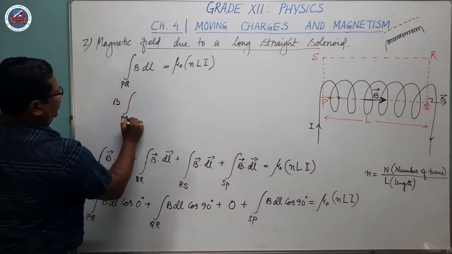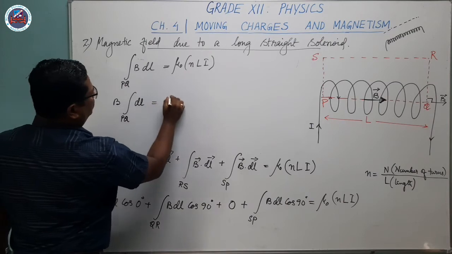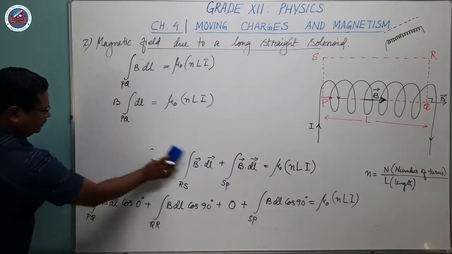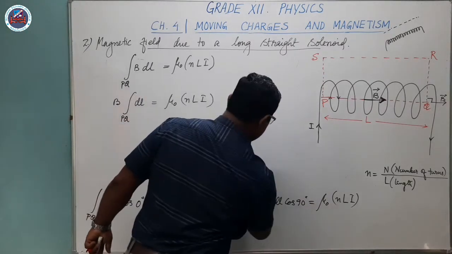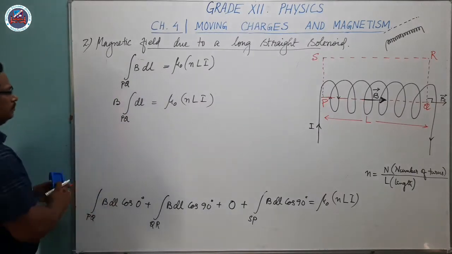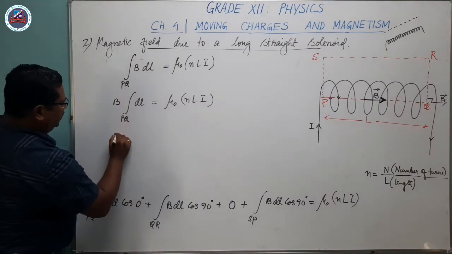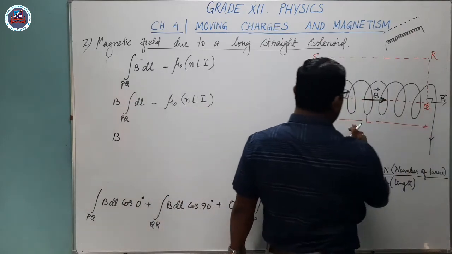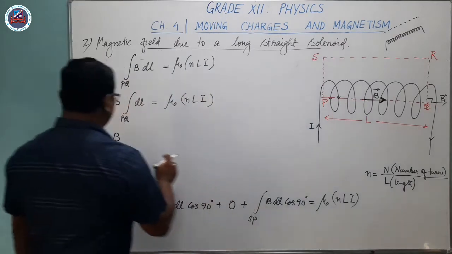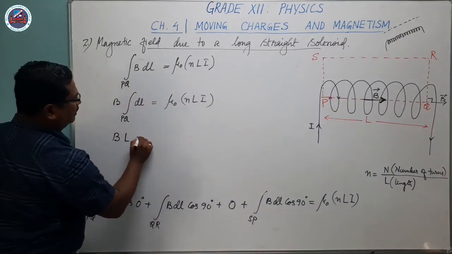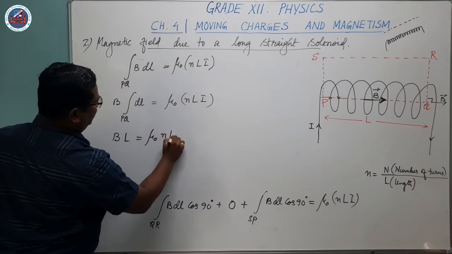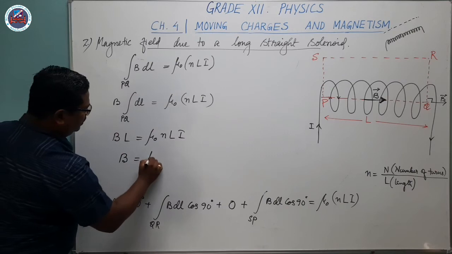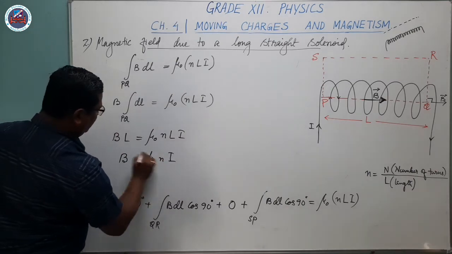B times integration of dl is equal to mu naught n L I. Integration of dl, that is from P to Q, that is length L, you can see here. The whole length you will take as L, mu naught n L I. So L you can cancel out. So ultimately B you will get mu naught n I.